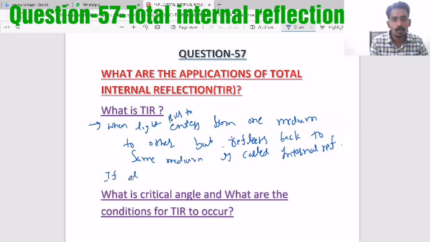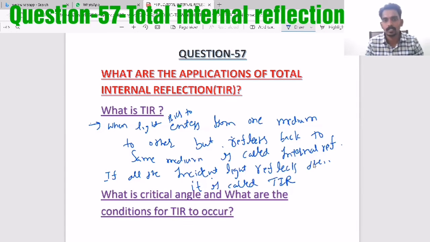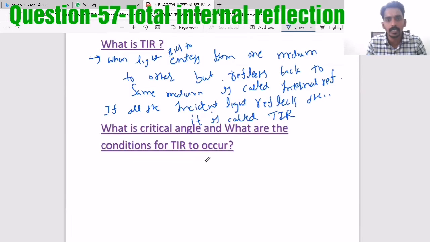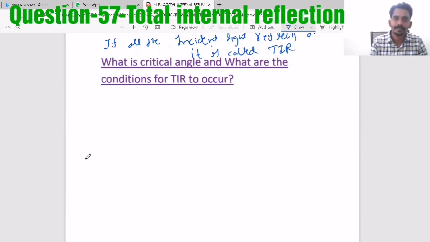If all the incident light reflects, then it is called total internal reflection. When light tries to enter from one medium to other but reflects back to same medium is called internal reflection. If all the incident light is coming back to the same medium, then we call it total internal reflection.